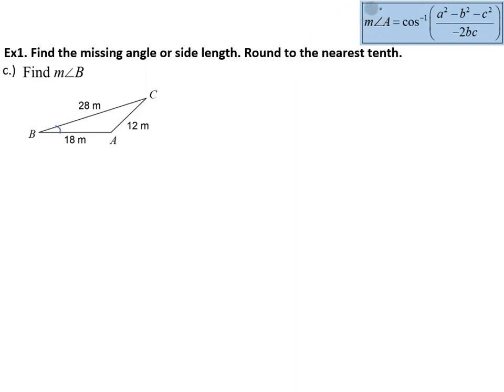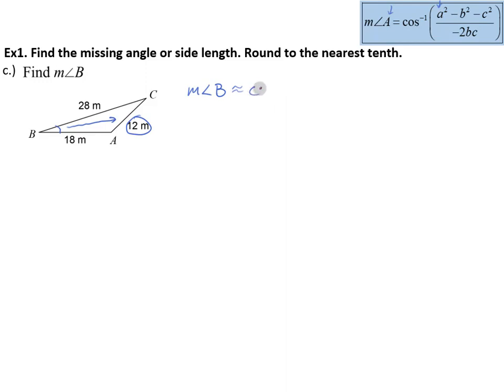So if this is the angle we want, in this case, we're going to write this out as the measurement of angle B. Okay, so the measurement of angle B in this case, and so remember this would be the side opposite it. So in our formula, if this is the angle we want, this is the side opposite it.